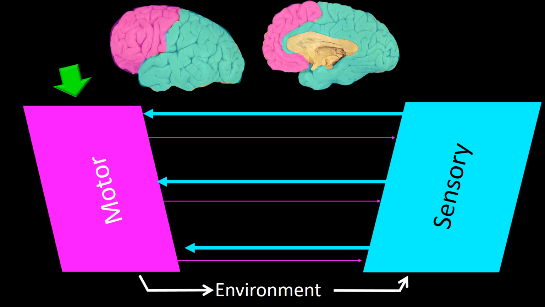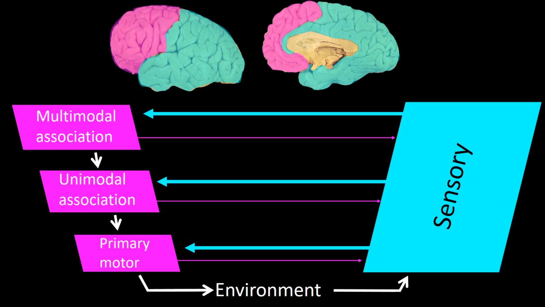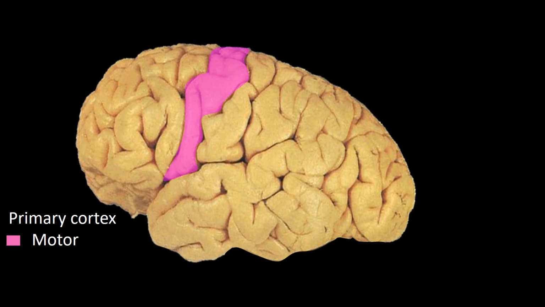The motor area has a hierarchical organization and can be divided in three hierarchical orders, as you can see in this frame. The primary cortex is represented in the lateral surface.